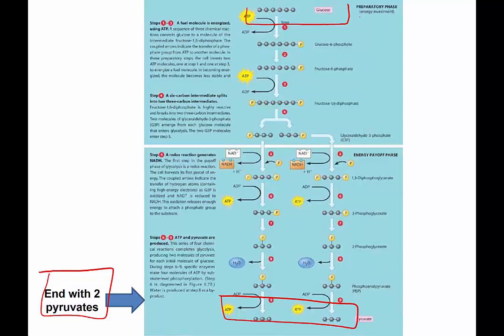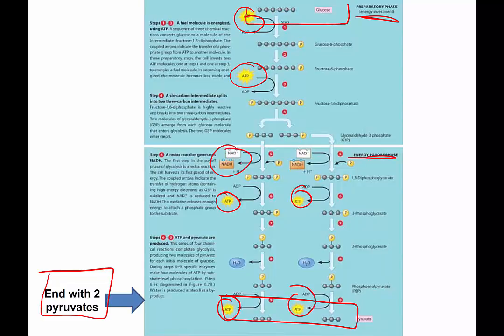We also have the energy investment phase, where we invest 2 ATP. And we have the energy payoff phase, where we generate 4 ATP total, as well as 2 NADH electron carriers. So it's just a quick review of glycolysis. If you're a little bit fuzzy on this, I recommend going back to the last lecture and rewatching that.